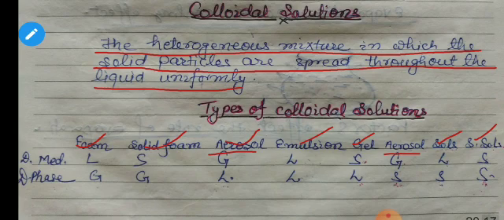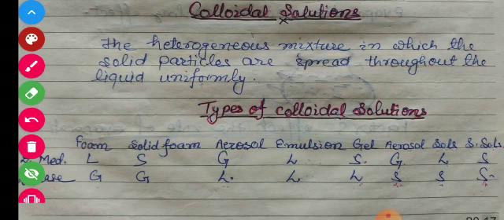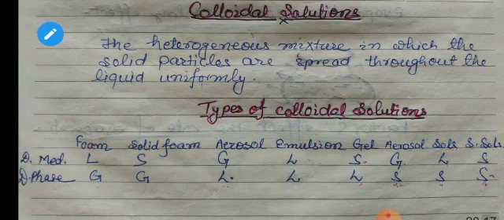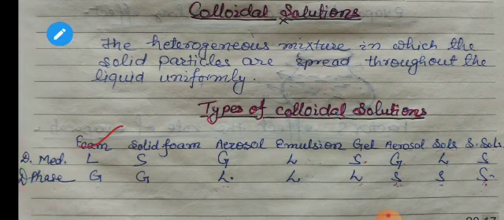Their names are different for different types, and these are, you can see here, the first one is foam. Foam is the colloidal solution in which the dispersion medium is liquid and the dispersed phase is gas.